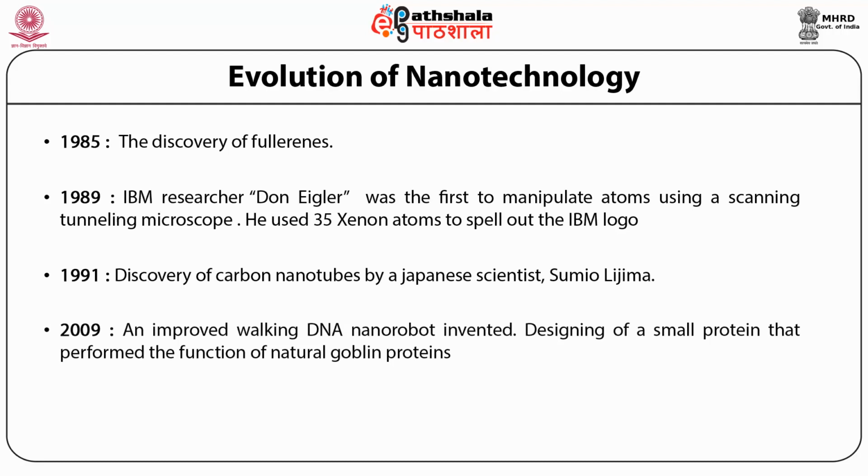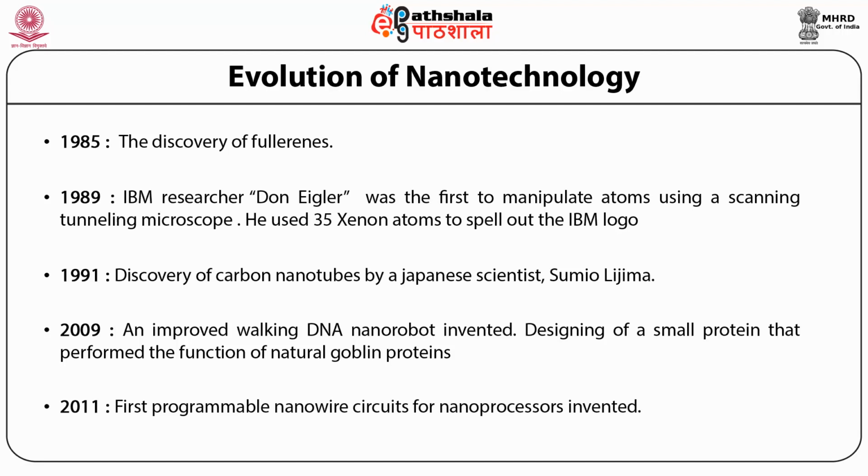In 2009, an improved working DNA nanorobot was invented. The design of a small protein that can perform the function of a natural globin protein was also achieved. In 2011, the first programmed nanowire circuit was used for nanoprocessors.